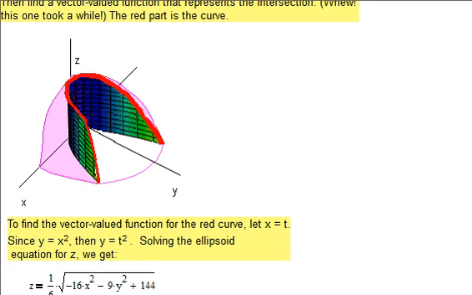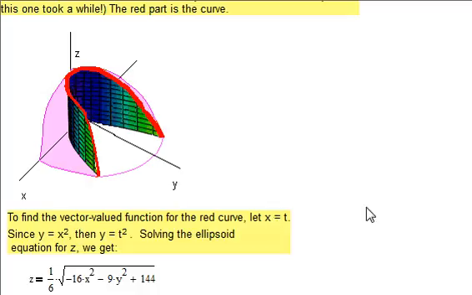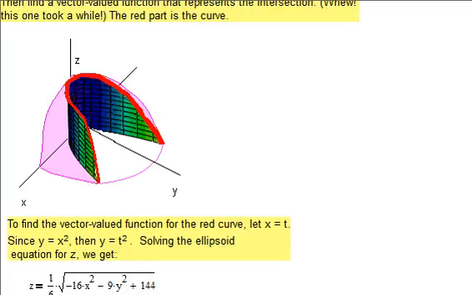Difficult problem. So we could start by saying let x equal t, and since y equals x squared on this surface, the whole blue and green surface, then we could say y equals t squared, and solving this ellipsoidal equation for z, we get this. I could have done that earlier, right?